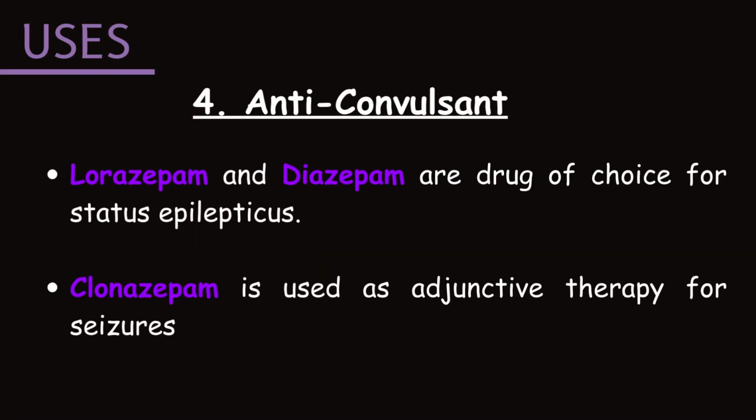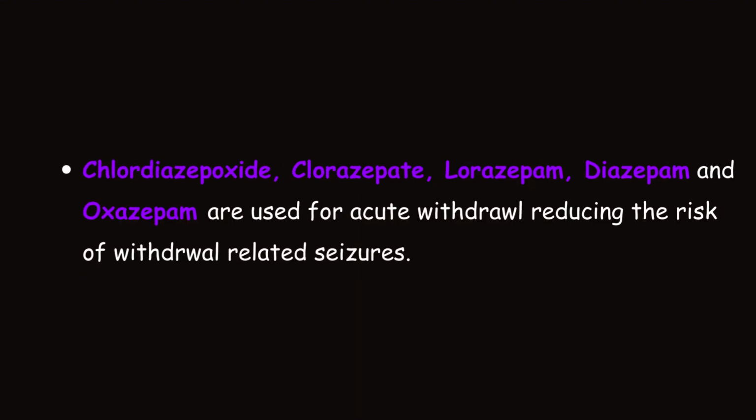Fourth, we have their use as anticonvulsants. Lorazepam and diazepam are drugs of choice for status epilepticus. Clonazepam is used as adjunctive therapy for seizures. Chlordiazepoxide, clorazepate, lorazepam, diazepam, and oxazepam are used for acute treatment of alcohol withdrawal, reducing the risk of withdrawal-related seizures.